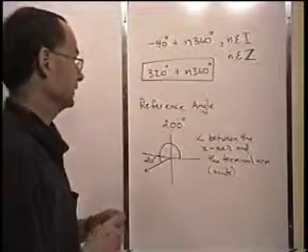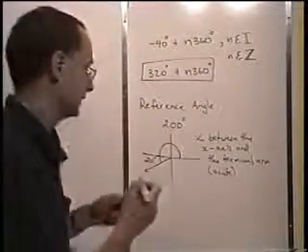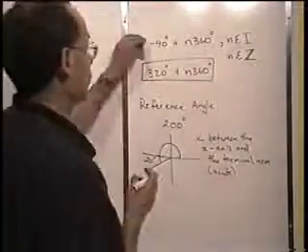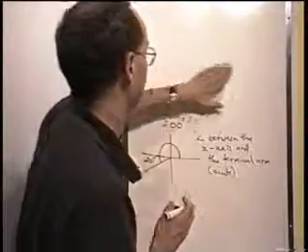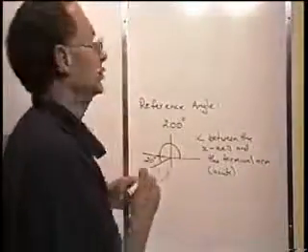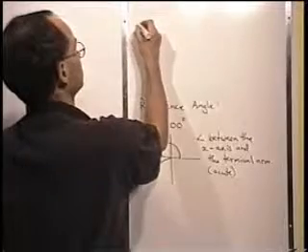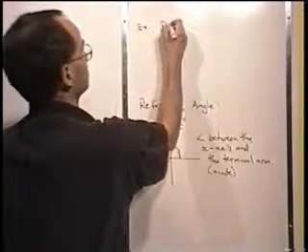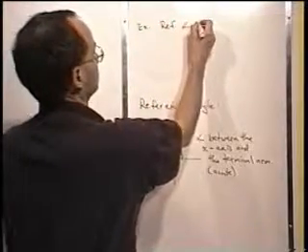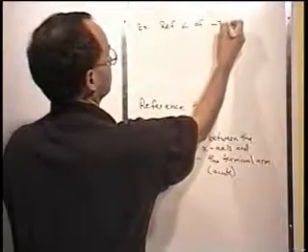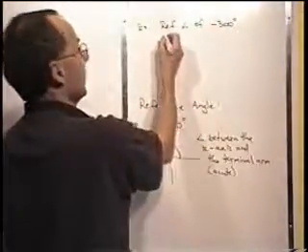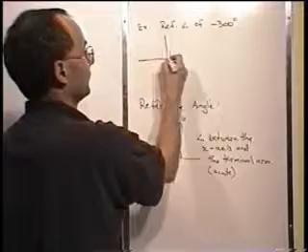So as one final example about reference angle, let's find the reference angle for negative 300 degrees. I would start with a picture.